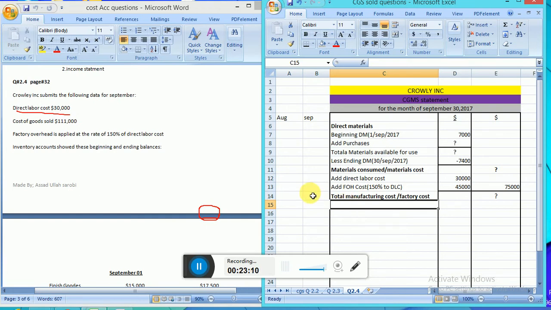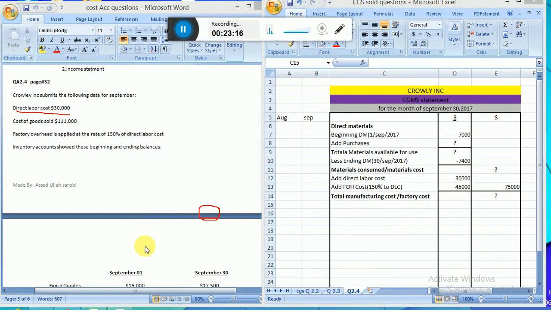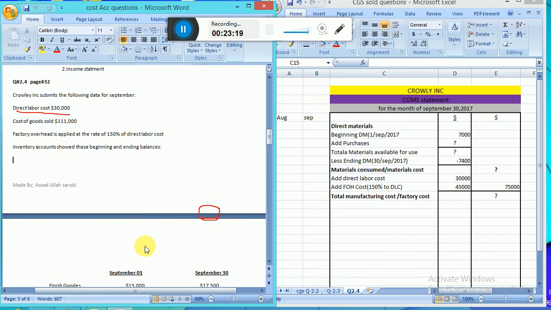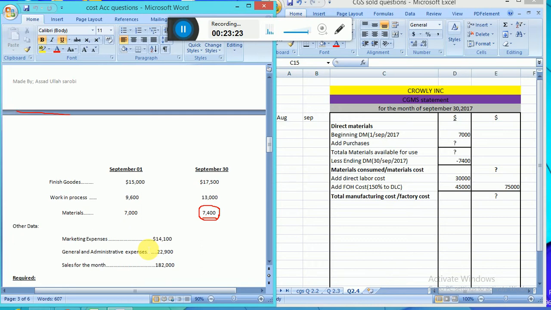But if we look at the question, we have some work in process remaining from the previous month, from the month of August. Look at September 1st.